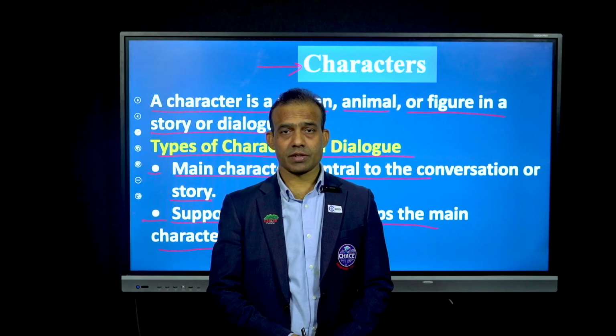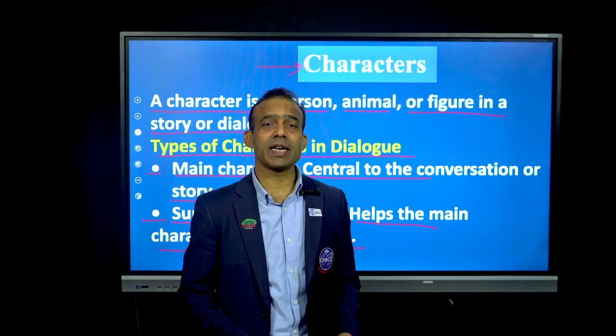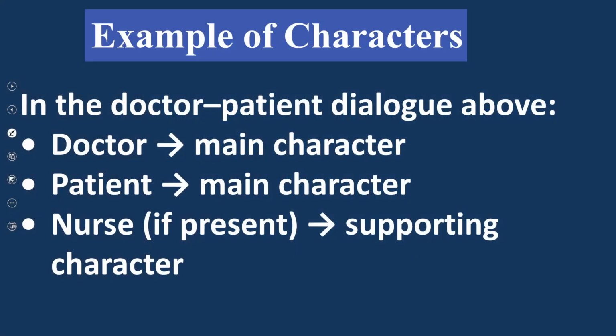Dear students, now we have discussed how many types of characters are used in dialogue writing. After understanding this, the next point is examples of characters. In the doctor-patient dialogue above, the doctor and the patient are main characters, and if a nurse came in the next scene, she would be called a supporting character.